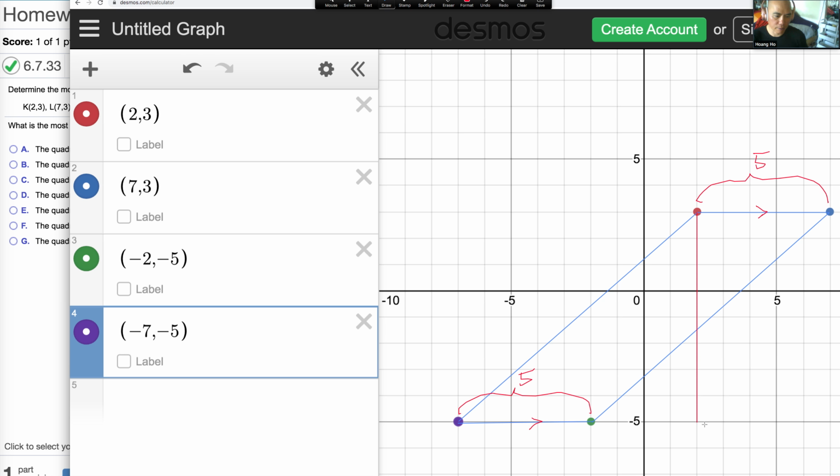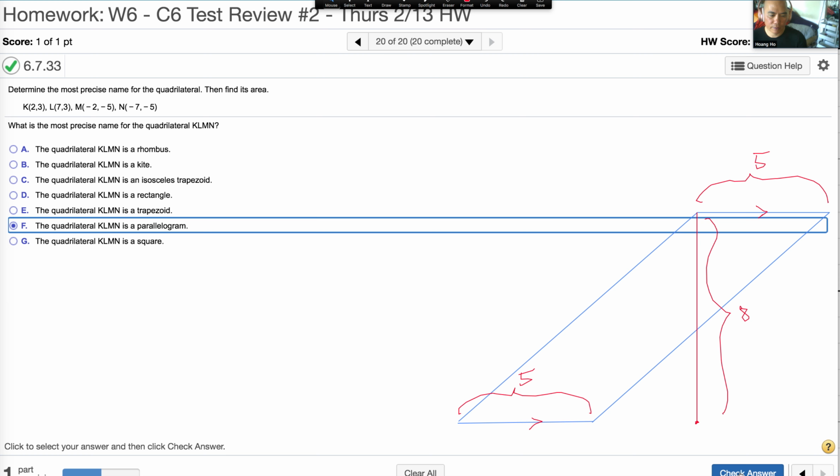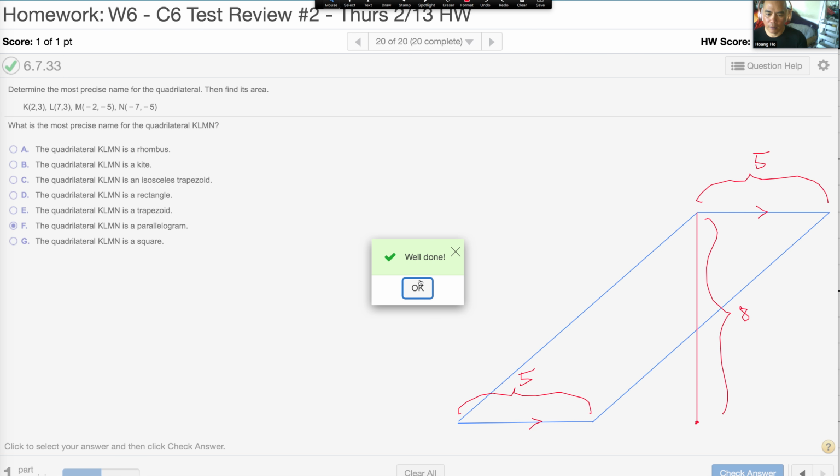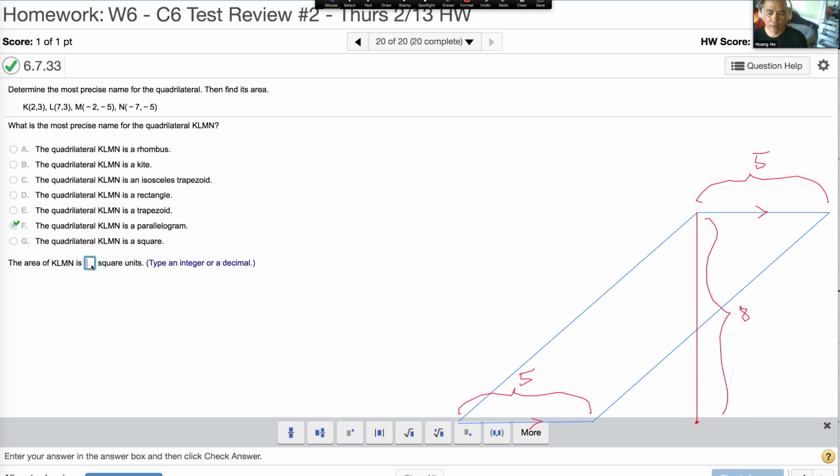I can count how many units here: 1, 2, 3, 4, so 8. So base times height, 5 times 8, that's 40. So for the parallelogram, the answer is F. The area, 5 times 8, that's 40.